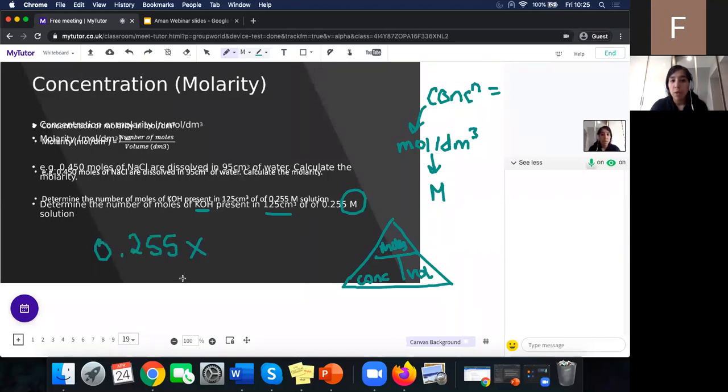We times by the volume, which is 125. Remember, we convert that to decimeters cubed, so we divide by 1,000, which gives us an answer of 0.125. So what's the number of moles then of potassium hydroxide? So 0.255 times 0.125.